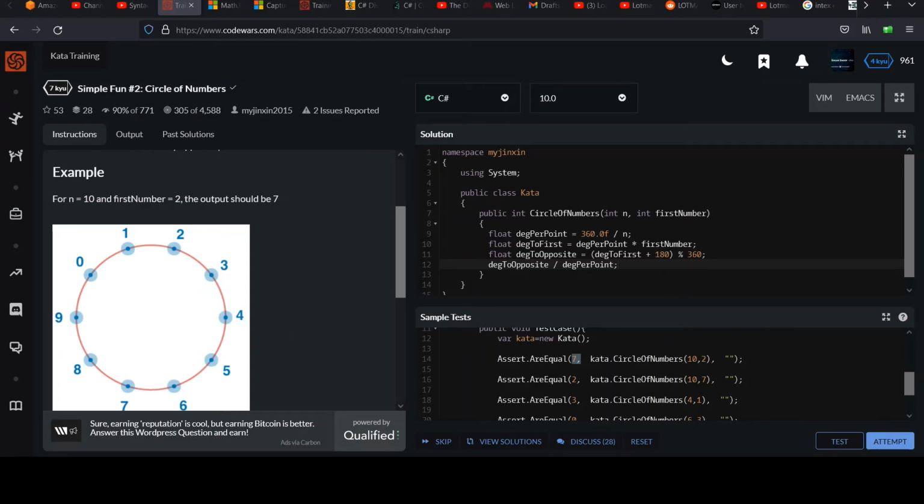And so the final thing is that we need this in integer form. So I can do something like this. I can use a C style cast. And let's see what happens when I do this.